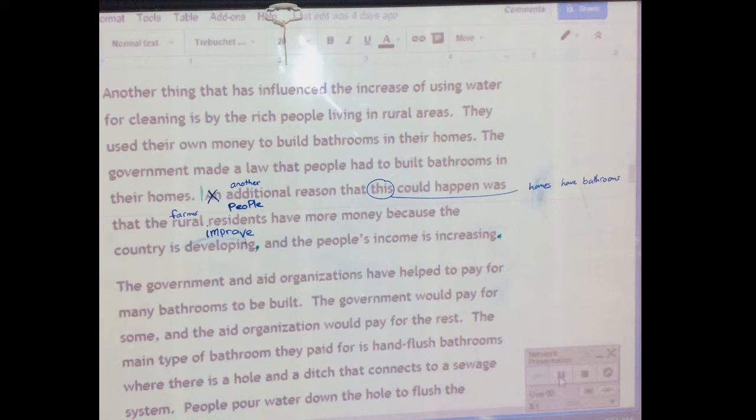You actually see them using the word another instead of the word additional. And look at the word this. They've actually found what this means. It says homes have bathrooms, and rural means farmer area, and so developing means improve. And so this is what they're doing. They're actually using strategies to make reading more visible.